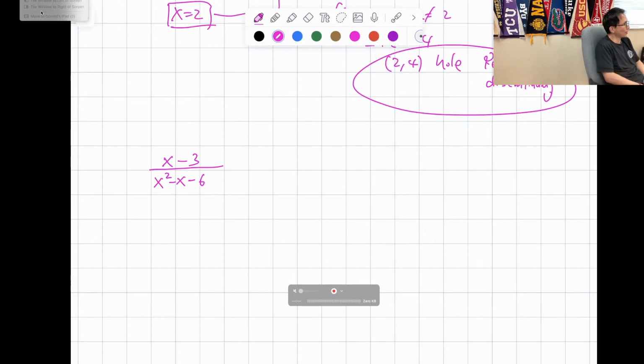So this one I'm asking you to graph. The new function may or may not be a line. Maybe it's something that you know how to graph.